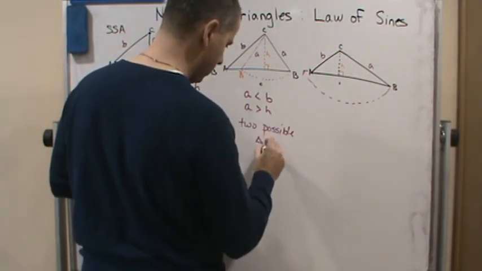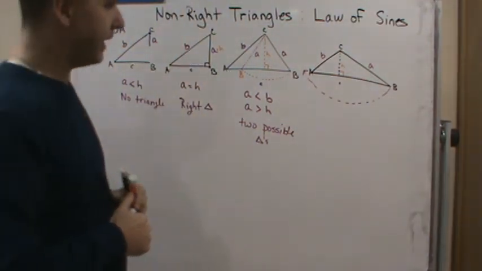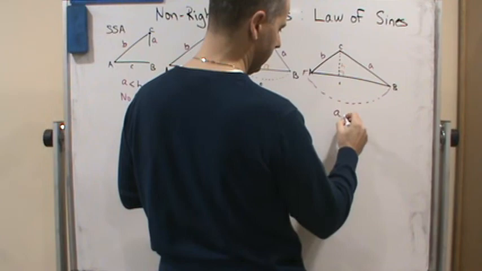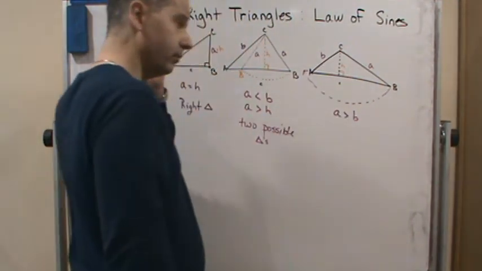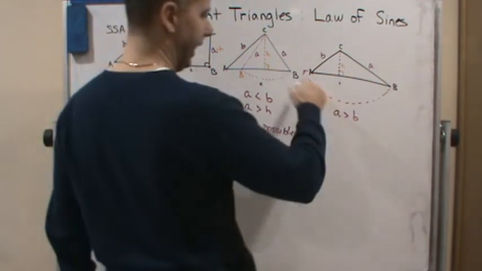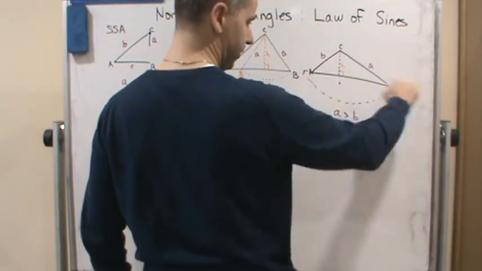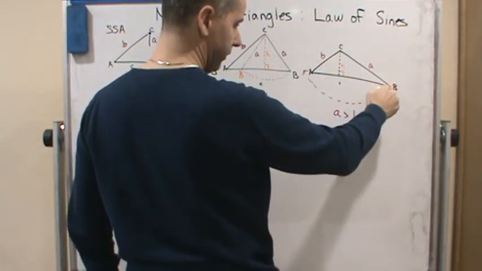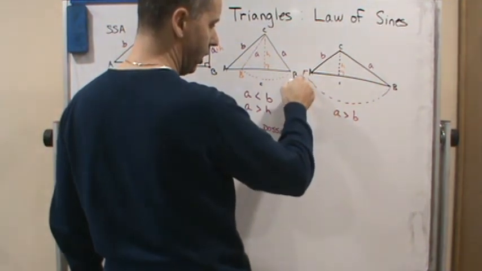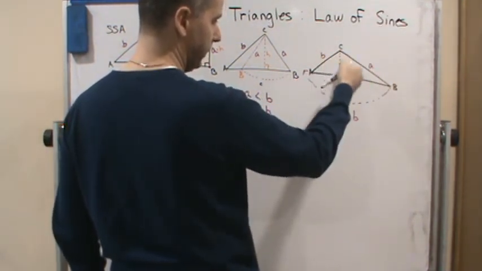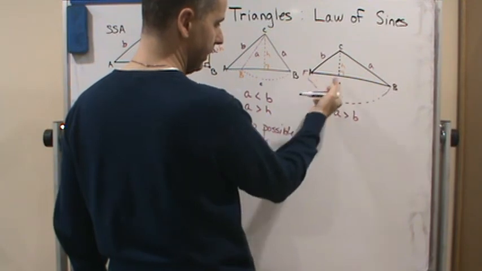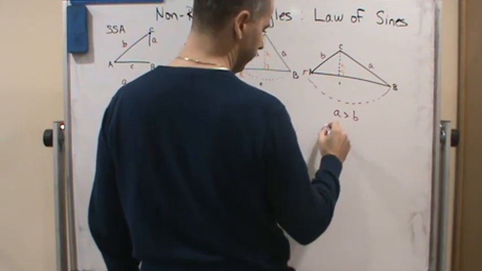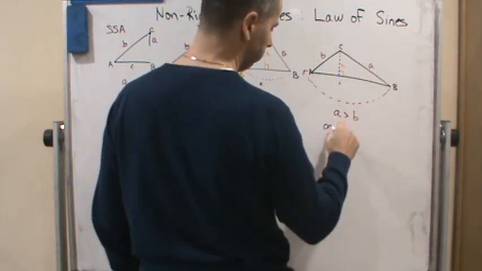In this case, A is bigger than B. That means if we extend C in either direction, A is going to swing down from here, and since A is longer than B, it's going to swing and completely miss C. So there's only one possible triangle, and it's an obtuse triangle.